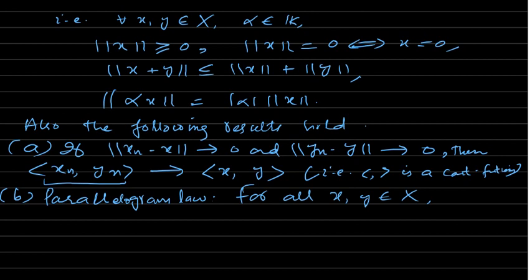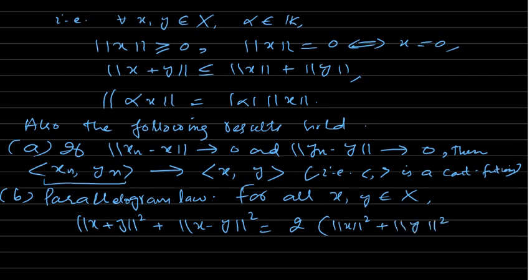The parallelogram law: for all x, y belonging to X, norm of x plus y whole square plus norm of x minus y whole square is equal to twice norm x square plus norm y square.